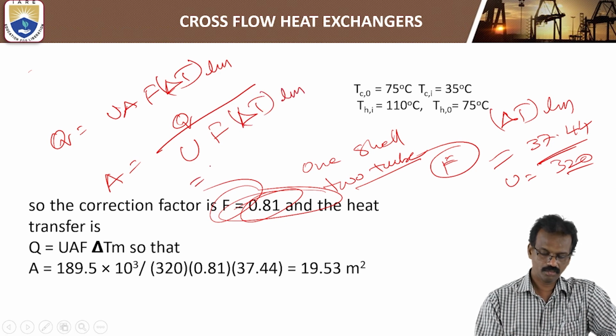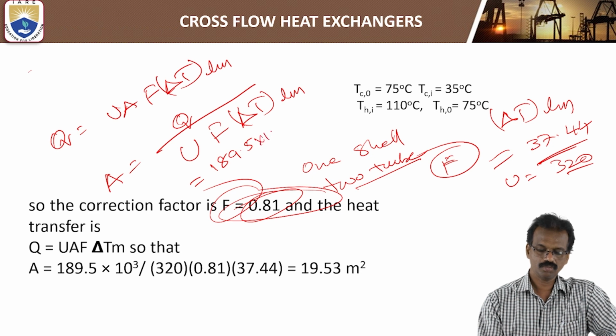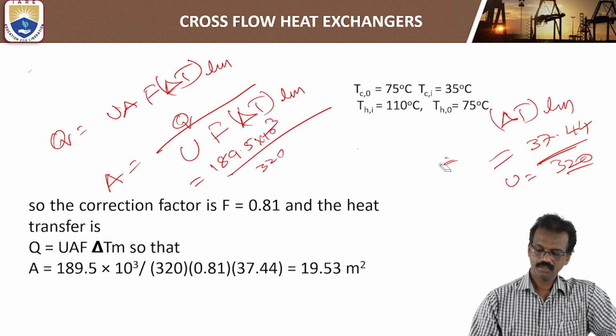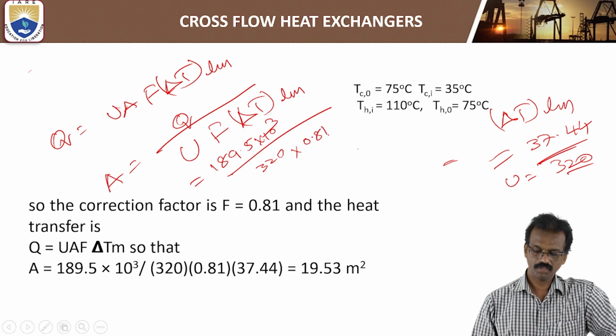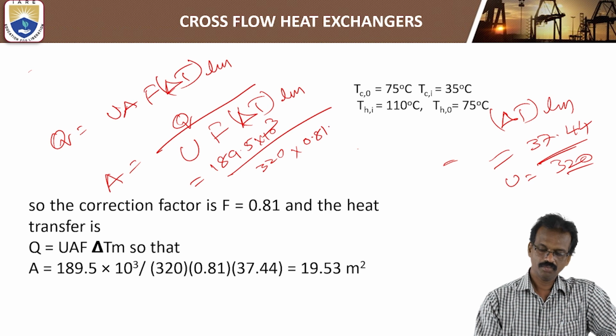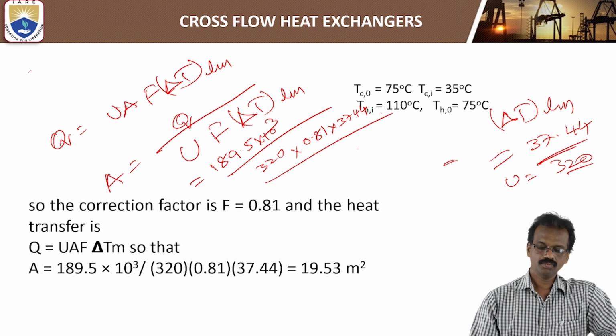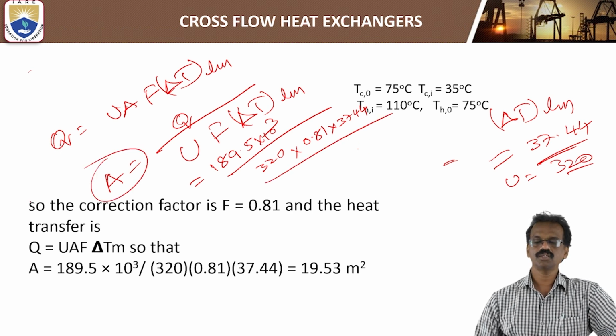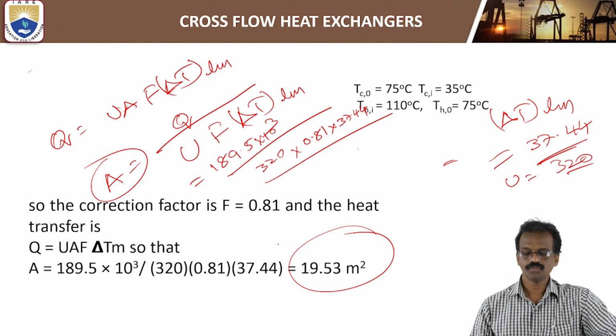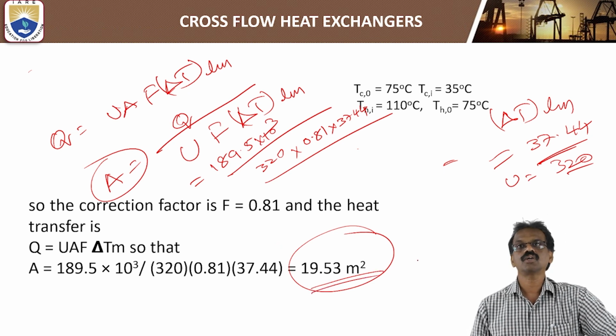Q we already found, just we solved that one, 189.5 kilowatts, so into 10 to the power of 3, divided by overall heat transfer coefficient 320, into F is equal to 0.81, and delta TLM, that is 37.44. Then we'll get the area. So the area is equal to 19.53. So 19.53 is the area for the cross flow heat exchanger.